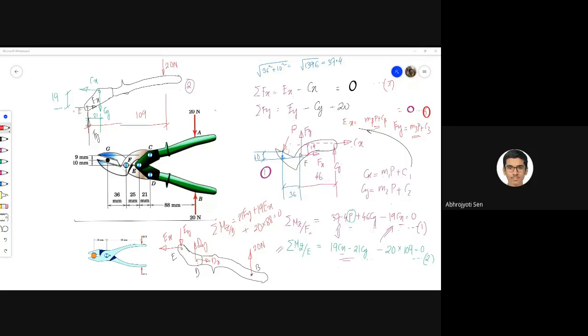Then the term was coming 19Cx minus 21Cy, which I replaced from the second equation. That 20 into 109, I replaced that value. Then I got 21Ey minus 19Ex equals minus 1760. Fine. You don't have to tell me the calculations.